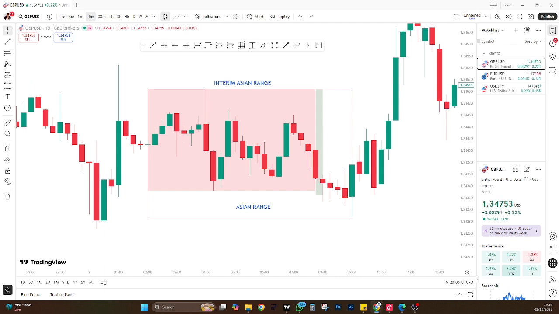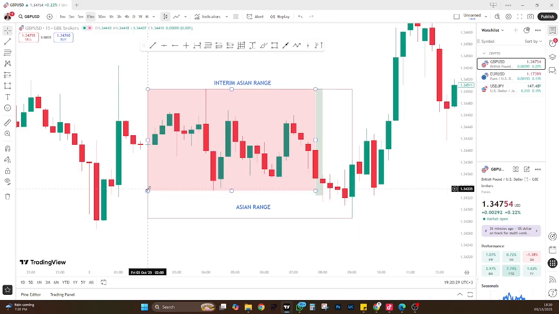Between 2 a.m. and 9 a.m., that is the Asian ridge. So we want to see what happens in the Asian ridge so that we get the bias for the day. And I will leave this for you to go and back test at your own time.